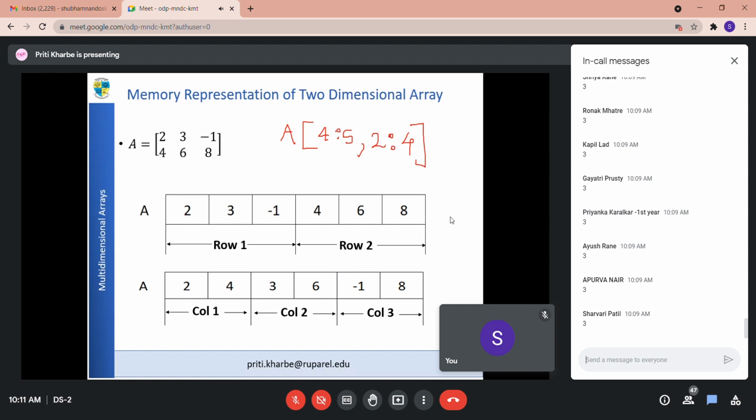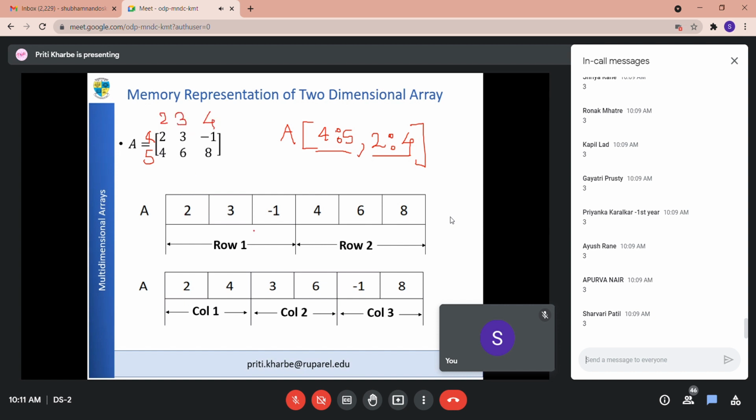Colon indicates the range within which your row numbers are lying. Now A, I am saying 4 to 5. That means my first row's index is 4 and second row's index is 5. And 2 to 4 columns, so columns will have indices 2, 3 and 4.